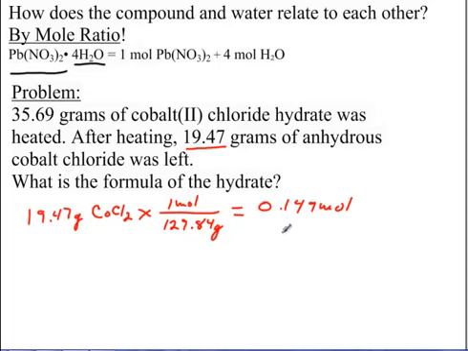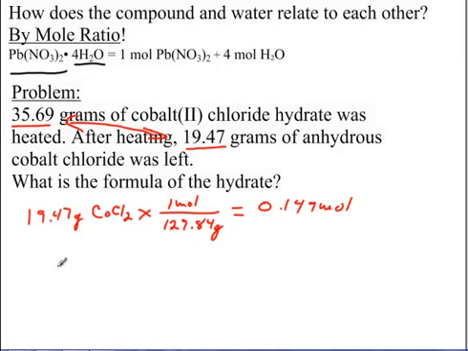Now, I also need to find the moles of water. So how many grams of water did I have? Well, I started with 35.69, heated it up, drove off the water, and I'm left with 19.47. So the difference between those two numbers must be my water.